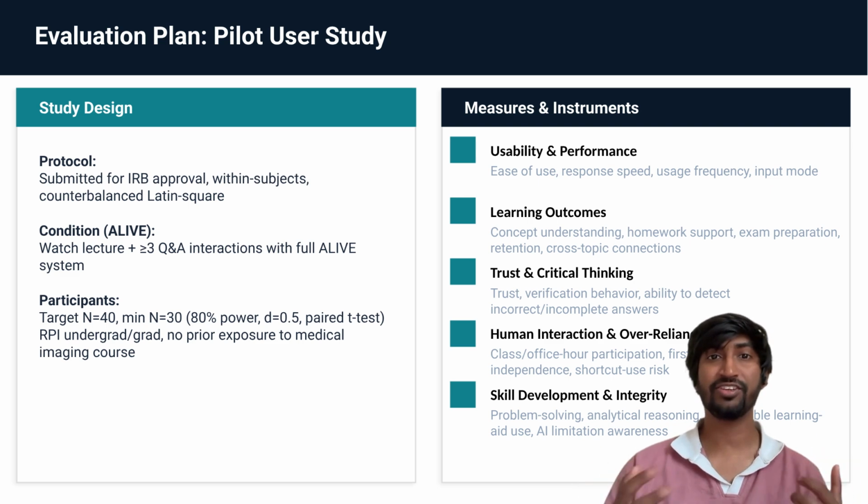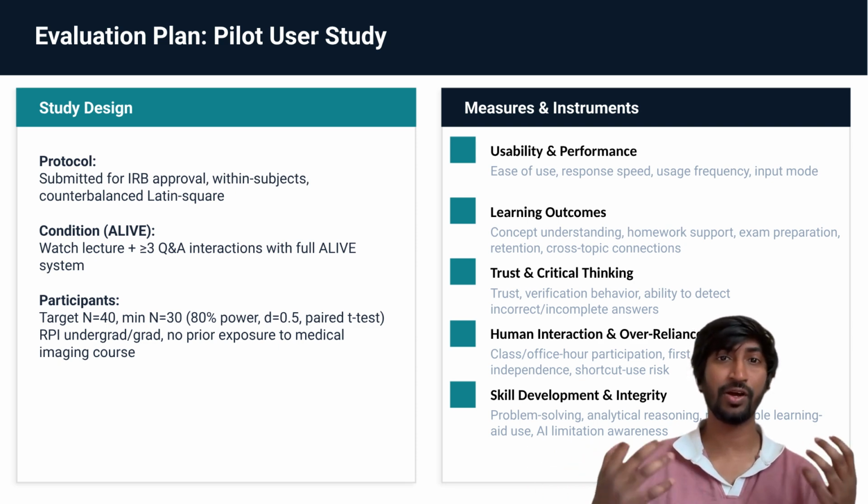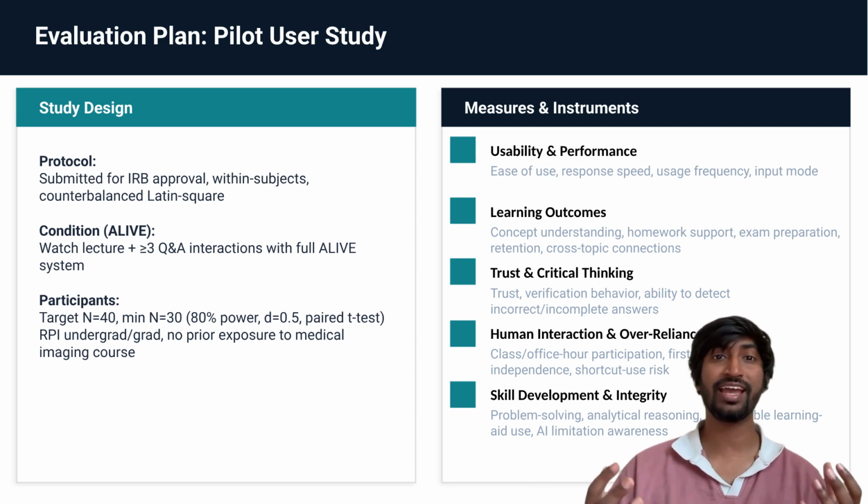We will measure several dimensions. First, usability and performance: ease of use, response speed, usage frequency, and preference for text or voice input. Second, learning outcomes: concept understanding, homework support, exam preparation, retention, and cross-topic connections.